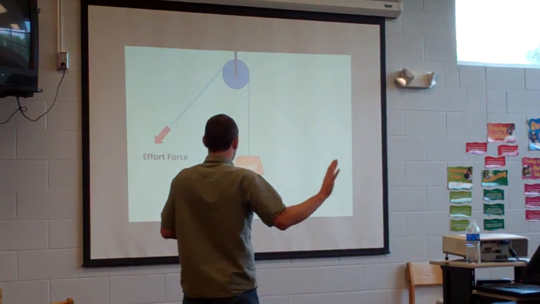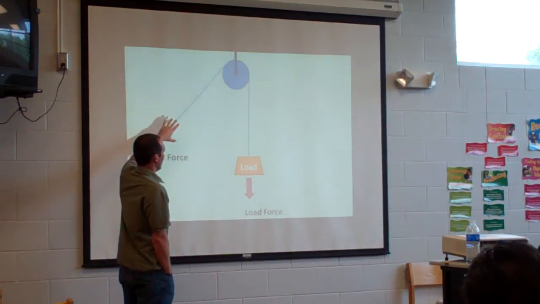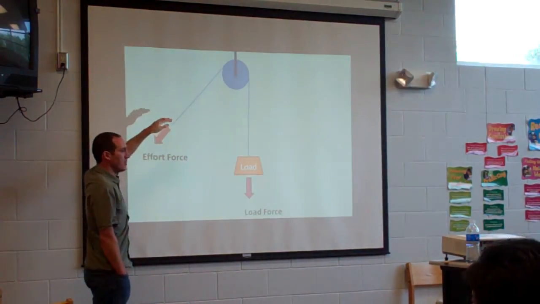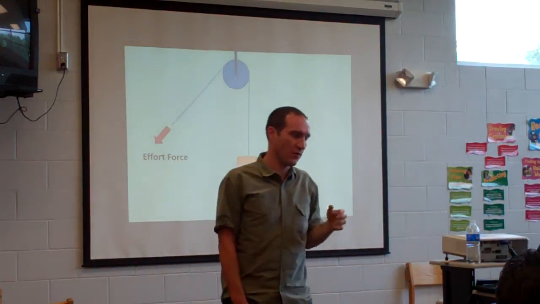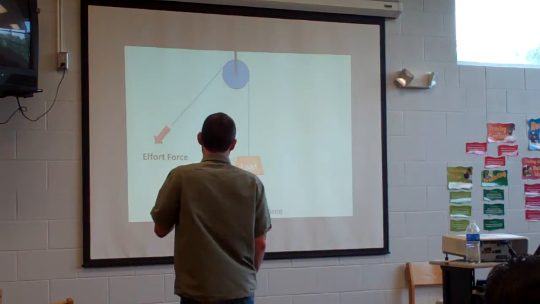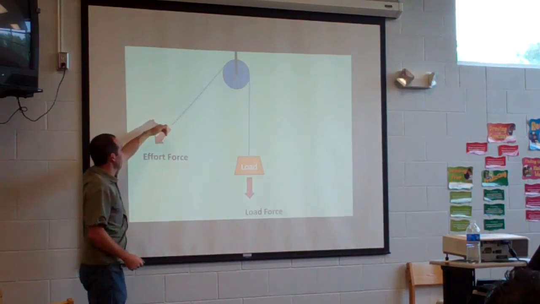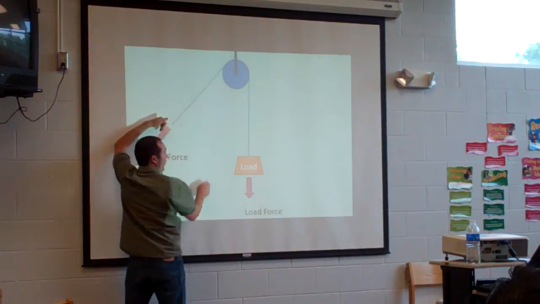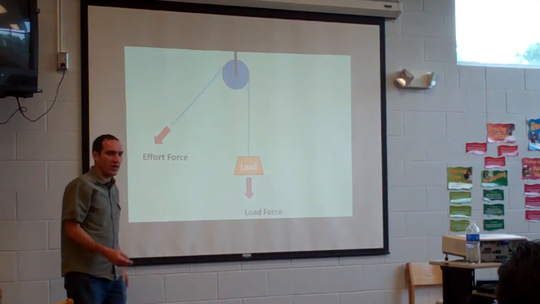So how do we amplify force with it? Well, before I get to that, let's look at this process. There is an ability to change the direction of the application of force. That's great. But one of the things I want you to pay attention to here is, if I want to move this thing up 1 foot, how far do I have to pull on this side? Okay, this is crucial.